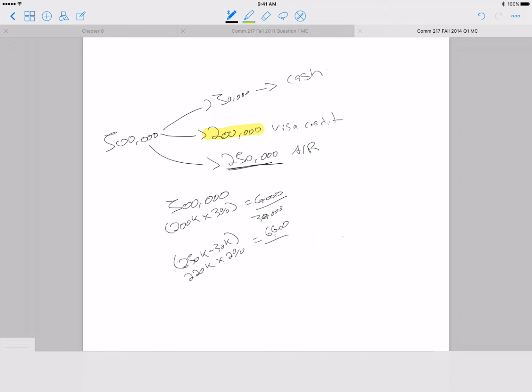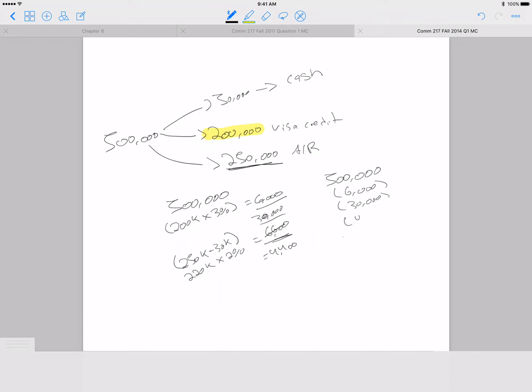So we have all these three numbers. And just to make it neater, I'll rewrite it. And before I write the 6,600, I actually made a mistake because 2% of 220 is actually 4,400.